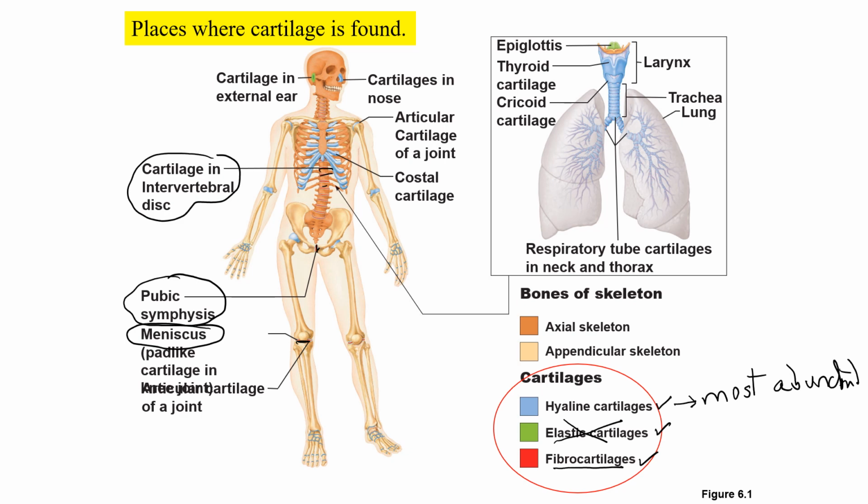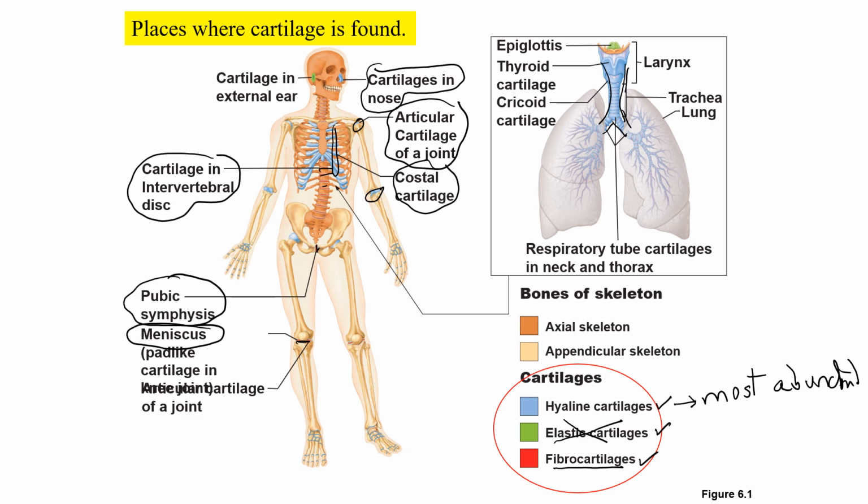Hyaline cartilage, the most abundant cartilage associated with bones, is found at the end of long bones, making articular cartilage, at the end of ribs, creating costal cartilage, the cartilage associated with the nose is called nasal cartilage, and finally, the cartilage associated with the respiratory system, which is not part of the skeletal system, is also hyaline cartilage.